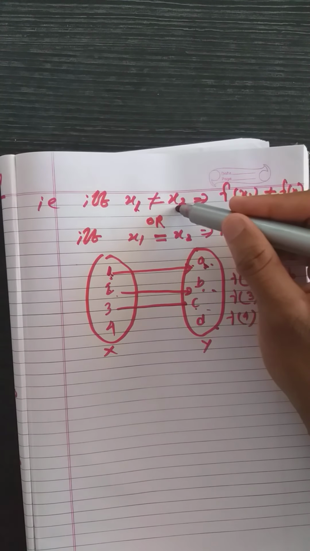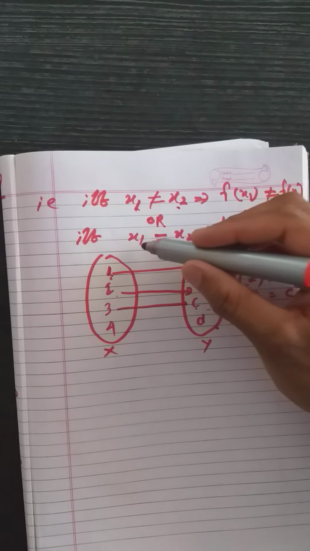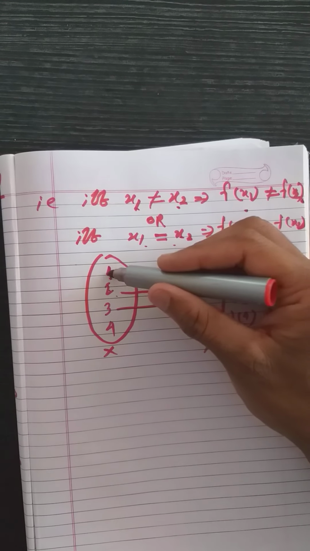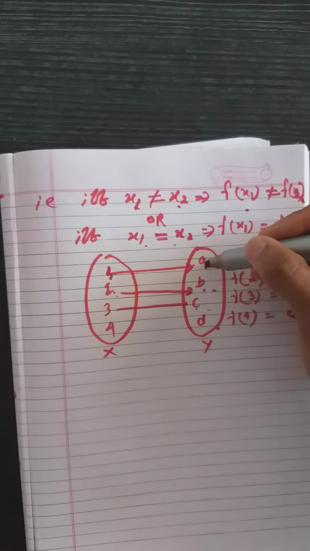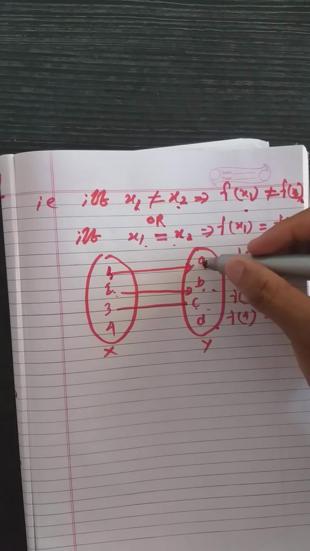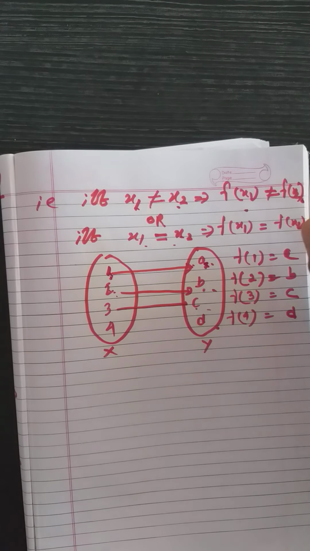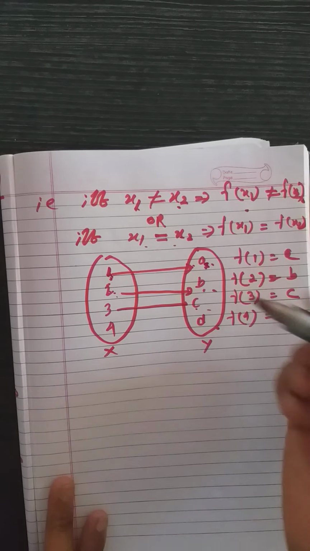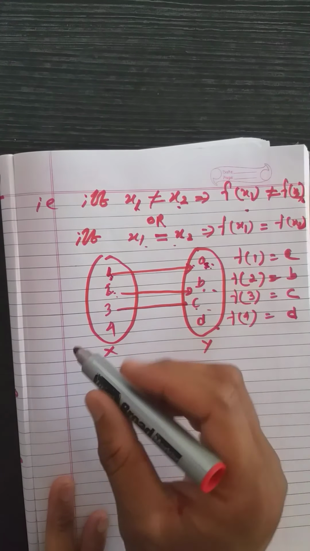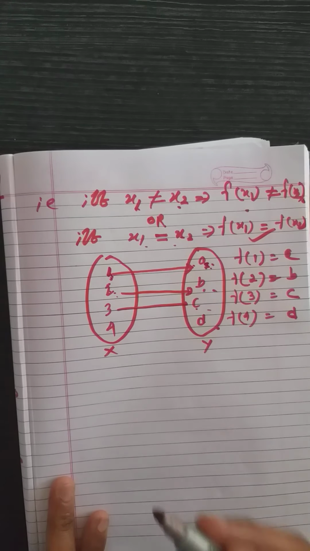Means x1 not equal to x2, then f(x1) not equal to f(x2). If the elements are the same, then the images will also be the same. Different elements have different images and the same element has the same image.